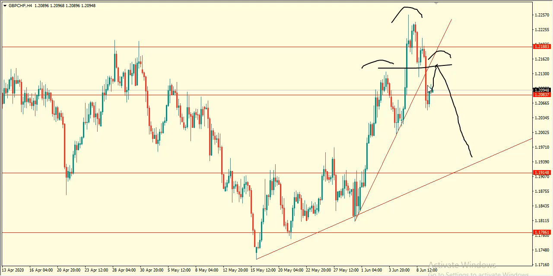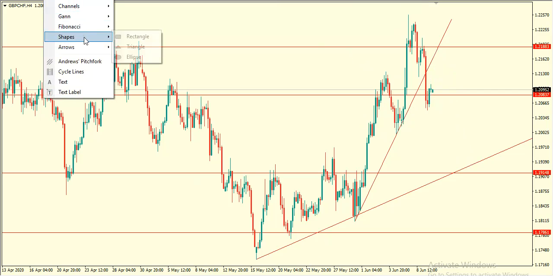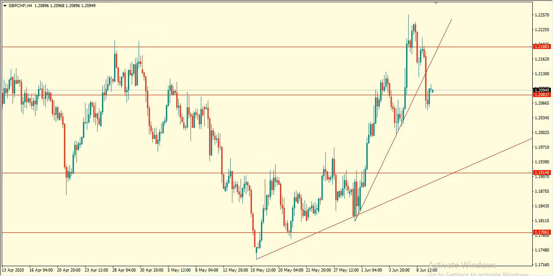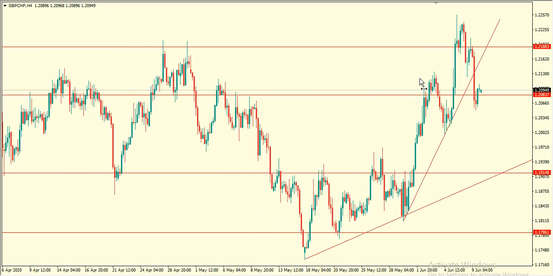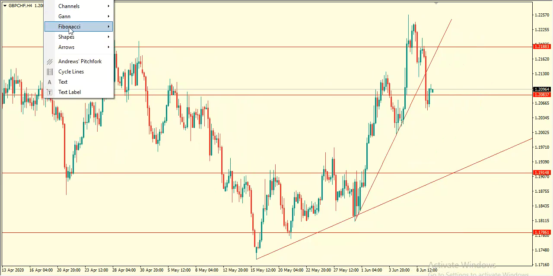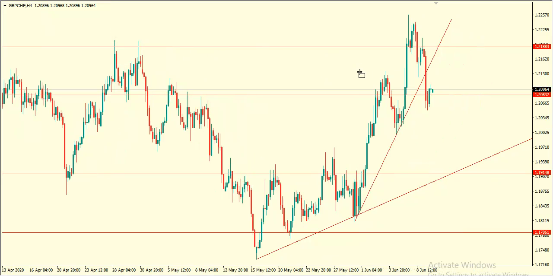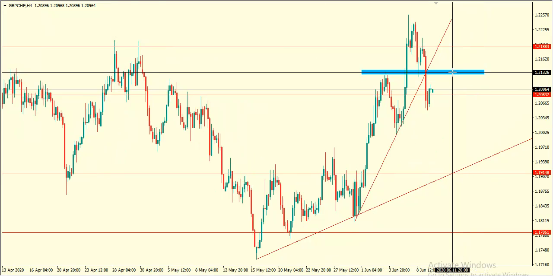So this is the scenario I'm expecting to play out from pound CHF. I'll be expecting to see price make the move up first of all into this area of structure, previous support turned resistance around 2130.